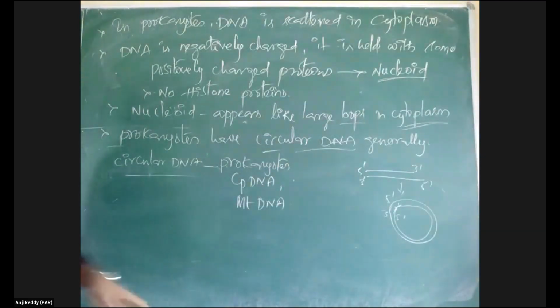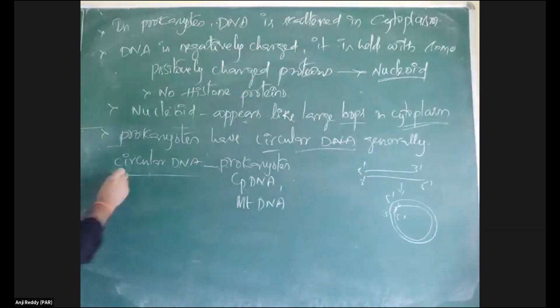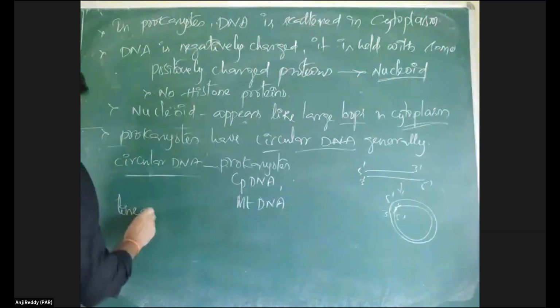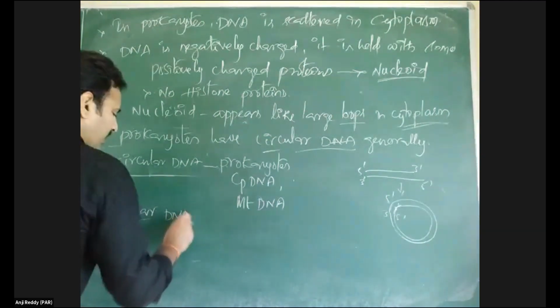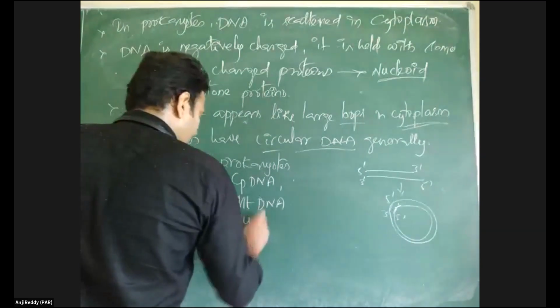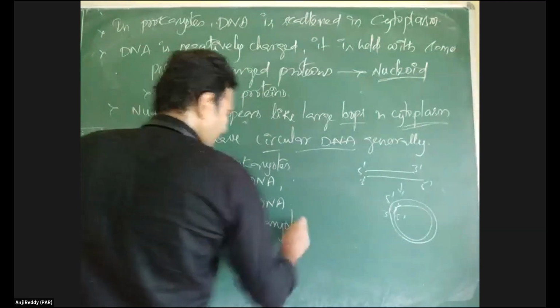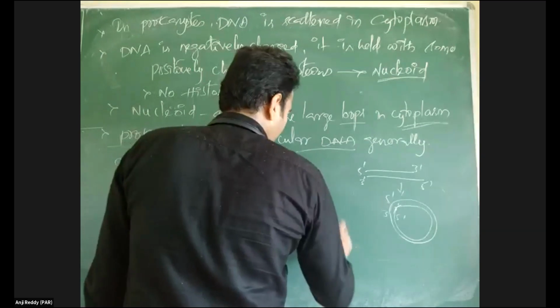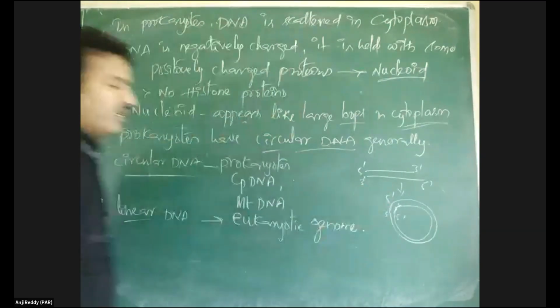Chloroplast DNA and mitochondrial DNA are also circular in form. Remaining are eukaryotic organisms, right? Eukaryotic organisms have linear DNA molecules. Where linear DNA is present means the eukaryotic genome. The eukaryotic genome is linear in structure.